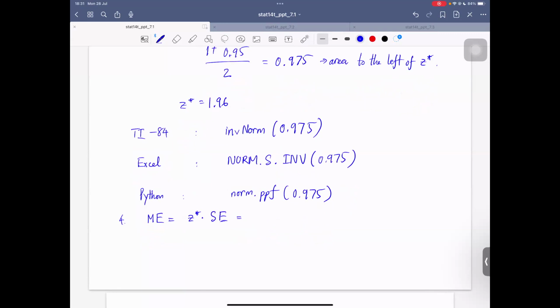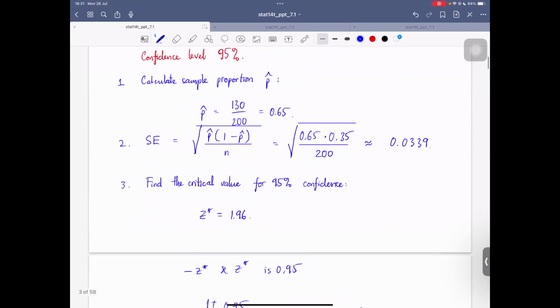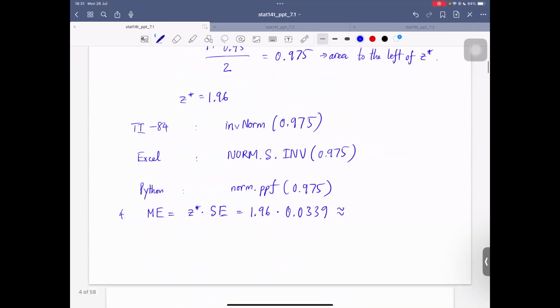It gives us 1.96 multiplied by 0.0339. That's what we calculated earlier in step number 2. So it's going to give us 0.0665. This is the margin of error.